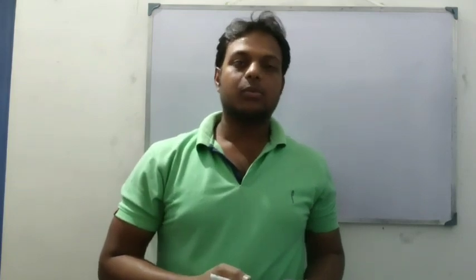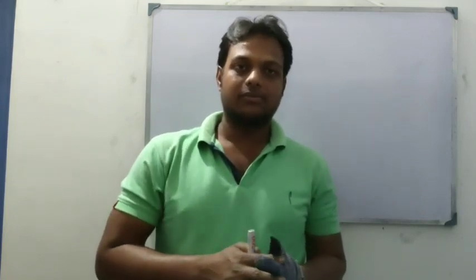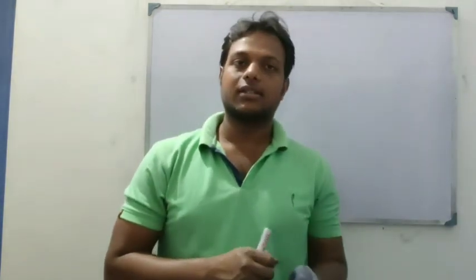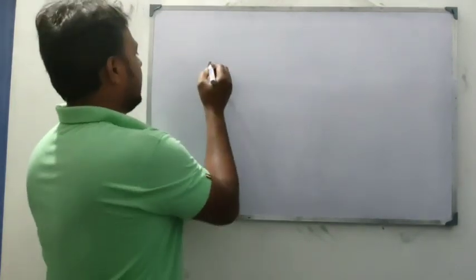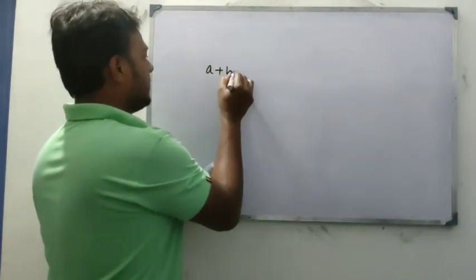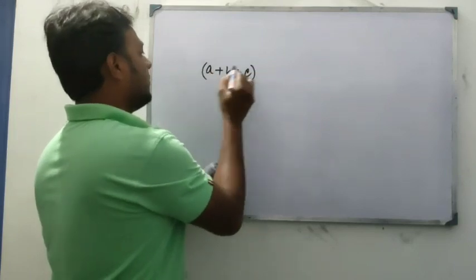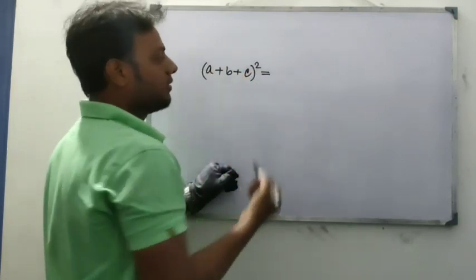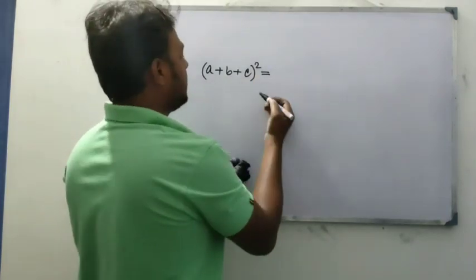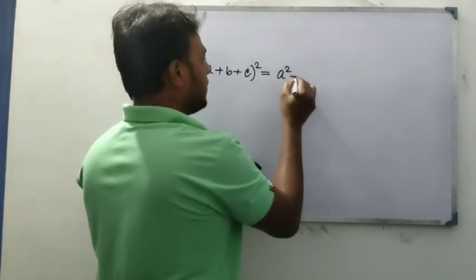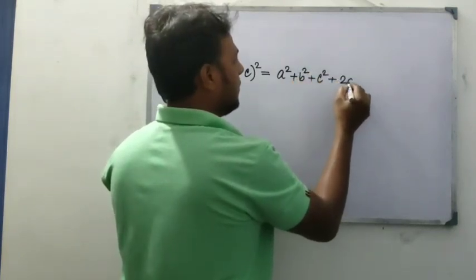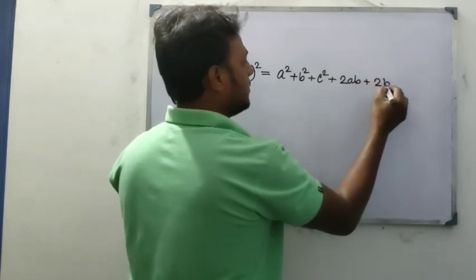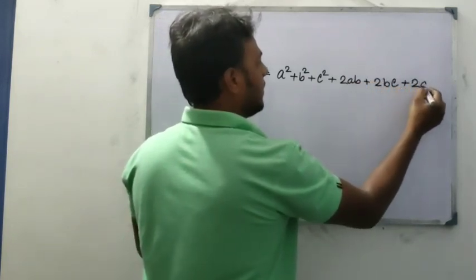Next, we will derive one more new identity from our previous well-known identities. Just try to remember, we have already discussed the identity for a plus b plus c whole square. What is the identity? a plus b plus c whole square equals a square plus b square plus c square plus 2ab plus 2bc plus 2ac.